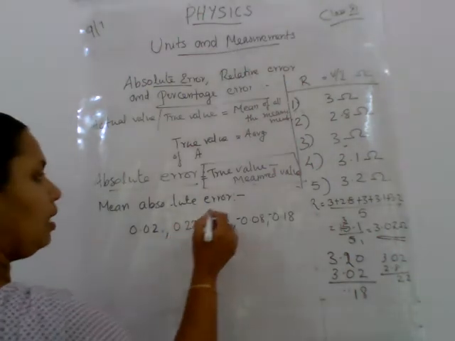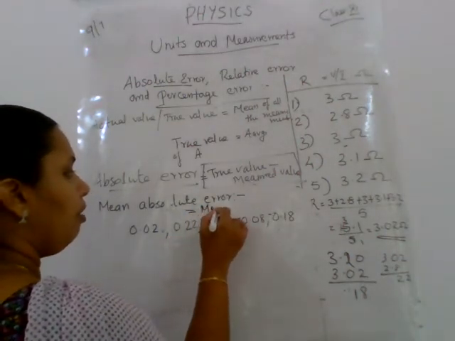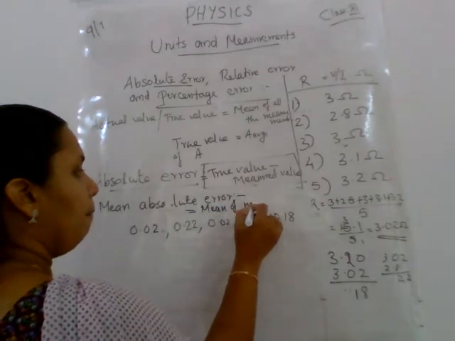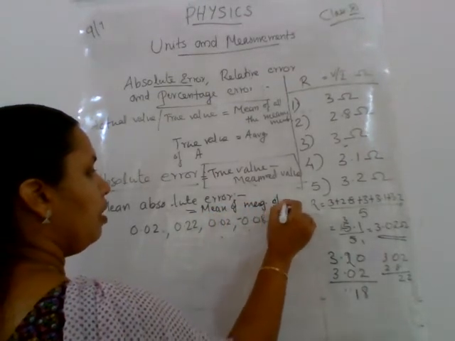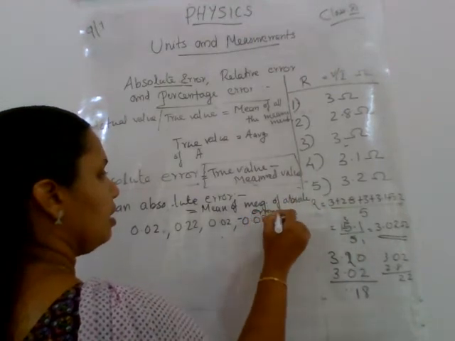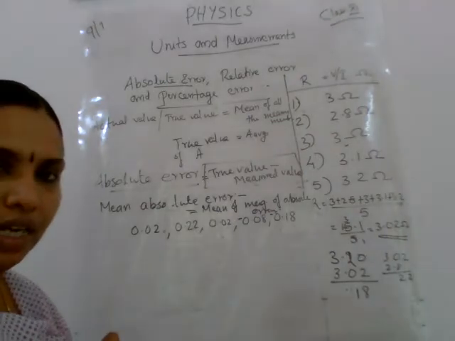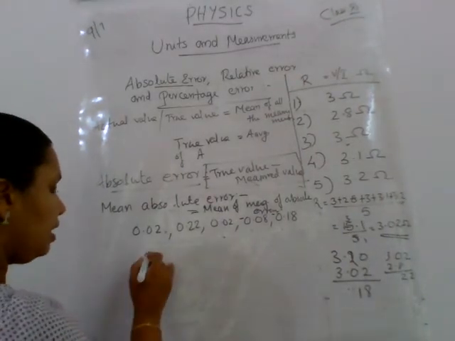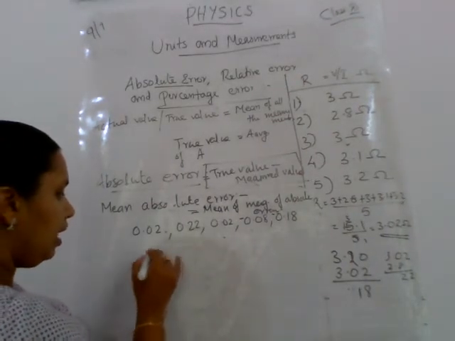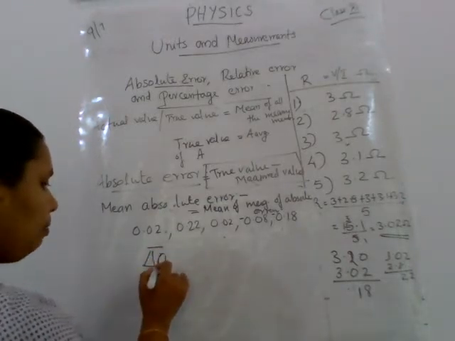So, what is the absolute error? Sorry, mean absolute error is the mean of magnitude of absolute errors. That we will represent by delta A bar. That is the mean value, delta A bar.